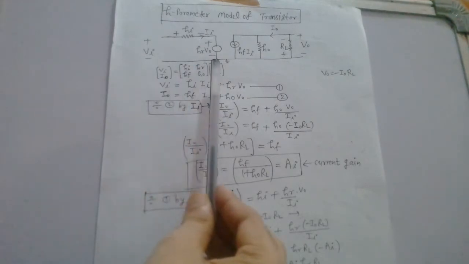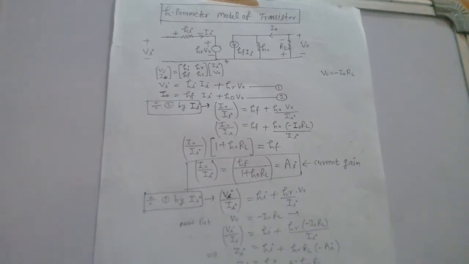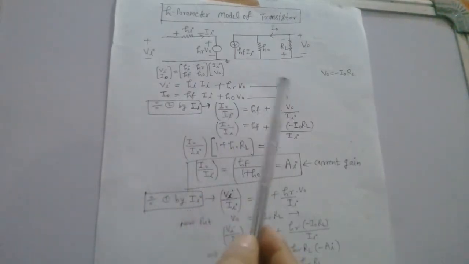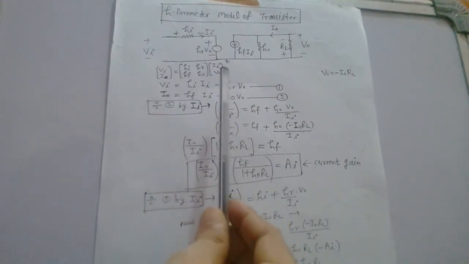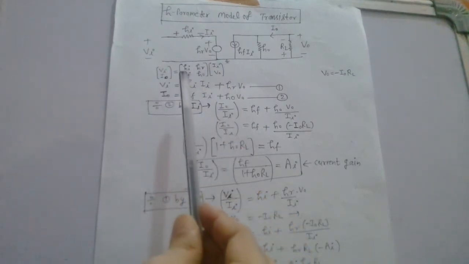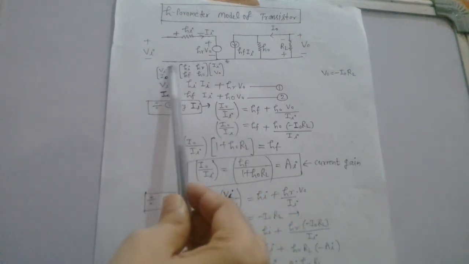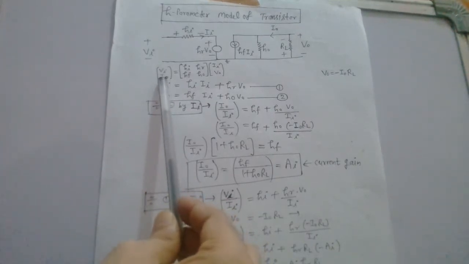So in this H parameter model of the transistor, we will now calculate the input impedance. See here, like I told you, the H parameters are related like this. In the matrix form you can write like this: input voltage Vi and output current Io.